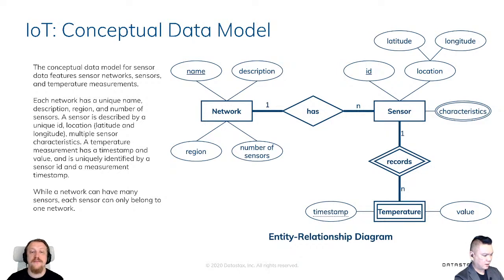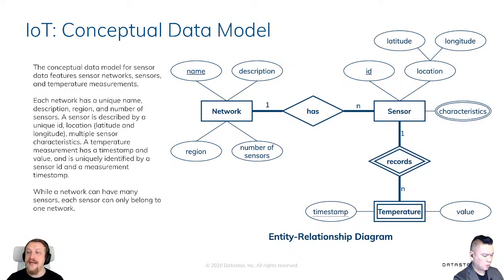For example, I may have a network of sensors Melbourne, covering all sensors in Melbourne. Every sensor belongs to one and only one network, but one network may have many sensors, so there is a one to many relation. And every network has some properties like name, description, region, and number of sensors.